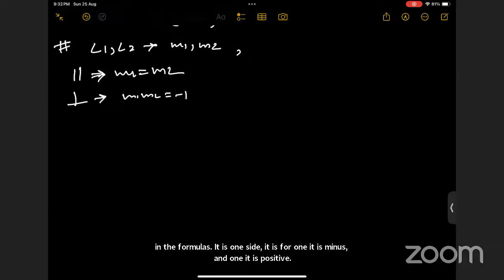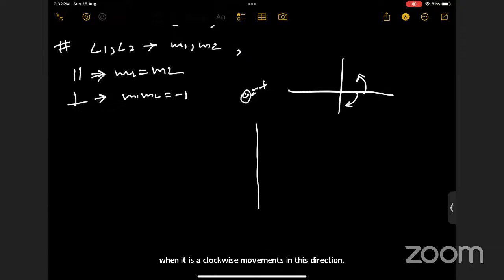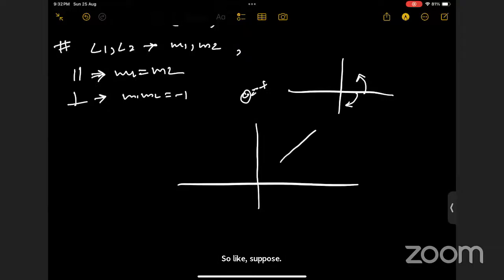It sometimes depends on the rotation. If theta is positive, that means the rotation is always anti-clockwise, in this direction. If it is negative, that means it is a clockwise rotation, in this direction. Suppose we have two lines like that.